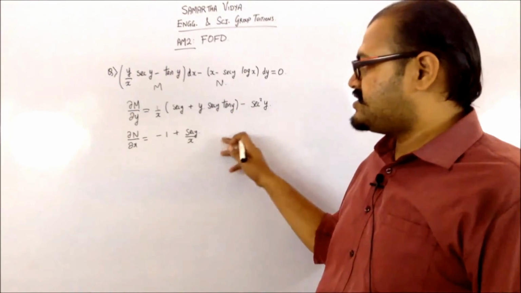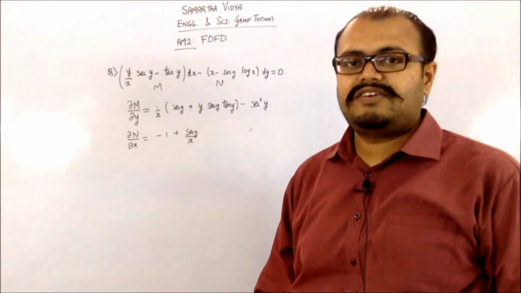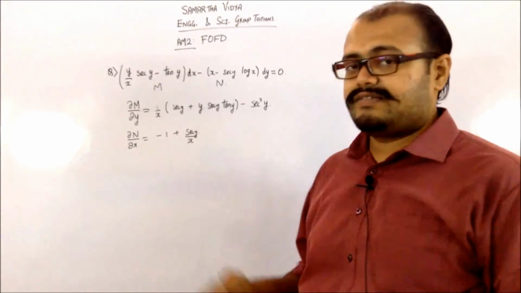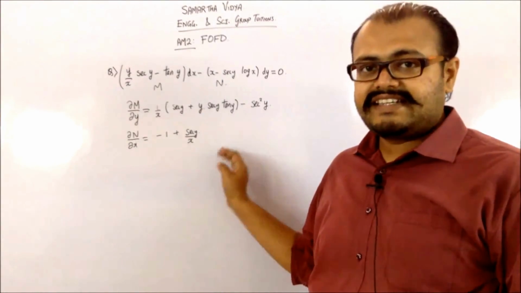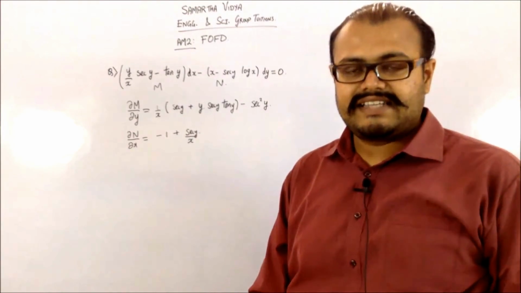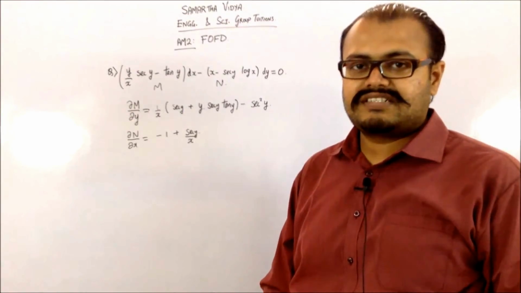When you compare these two terms, you can see that they are not equal to each other. So this equation is a non-exact differential equation. Once you get that, you have to go for the next thing, that is checking whether it is in the form of a linear differential equation or not.